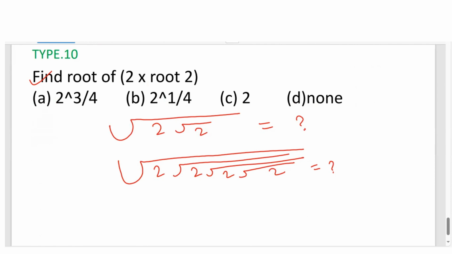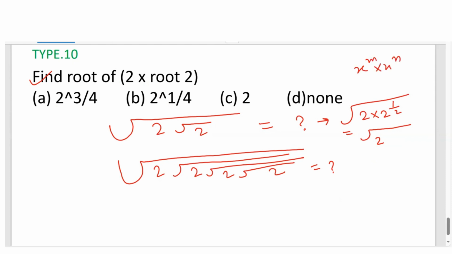First, what is the basic concept for this question? Here, 2 is already there, and root 2 means 2 to the power half. So what we can write here is the square root of 2 into 2 to the power half. In multiplication, you know this rule: x to the power m into x to the power n.